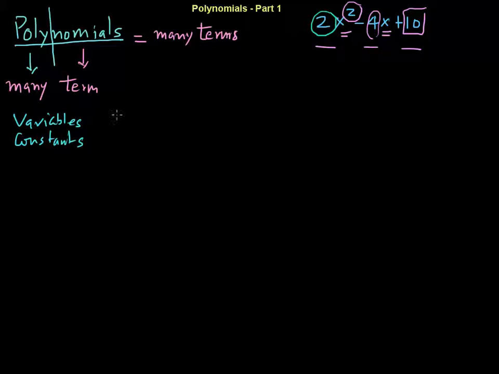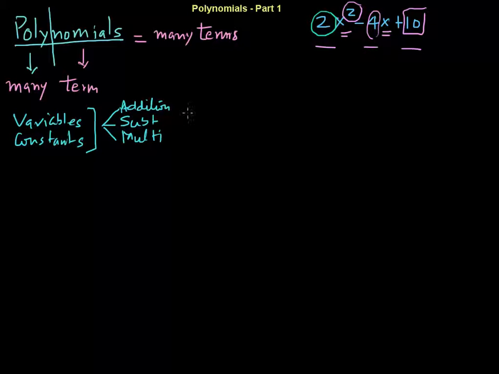The operations we normally use for constructing a polynomial are addition, that's number one, then subtraction, and multiplication.